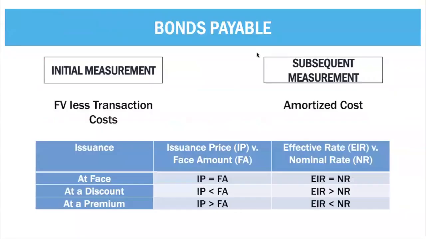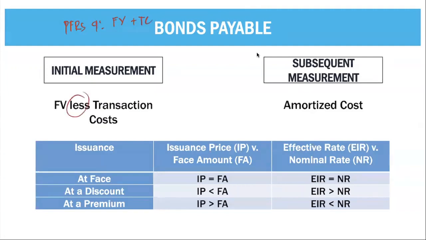We go now to your bonds payable. In your bonds payable, the initial measurement differs from the initial measurement of a bond receivable or your investment in bonds. Generally, under PFRS 9, your financial assets are measured at fair value plus transaction cost. But in bonds payable, if ever we have a transaction cost, we deduct that.